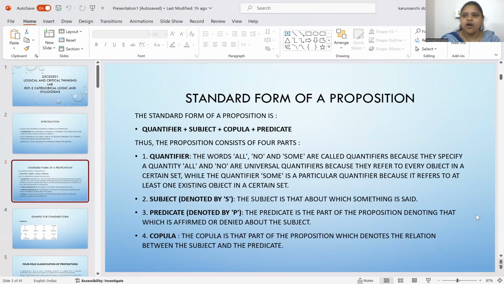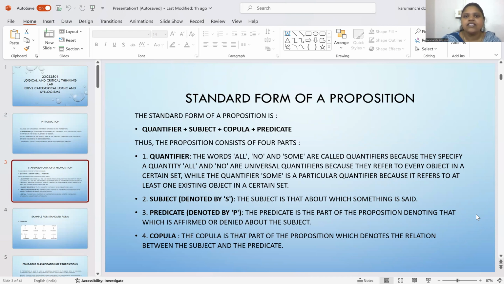The standard form of a proposition is quantifier, subject, copula, and predicate. So the proposition consists of all these four parts. Quantifiers are words like all, no, and some, because they specify a quantity.